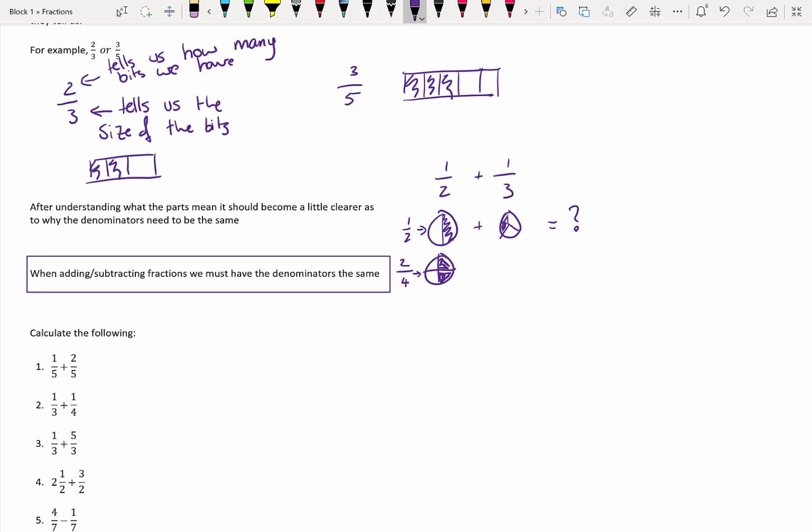Okay, and what I need is a number that's in the 2 and the 3 times table. Okay, so 6 is my answer. And what I'm going to do is cut both of these into 6 bits. So there's 6 there.